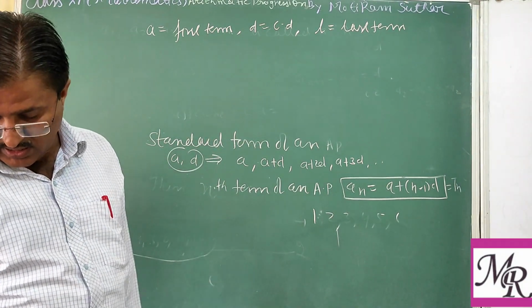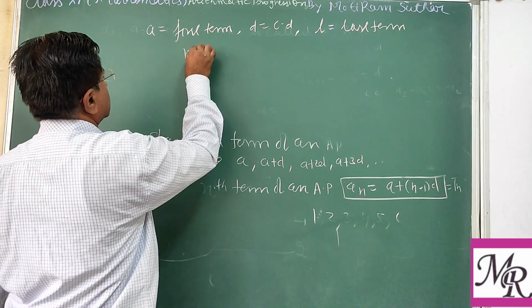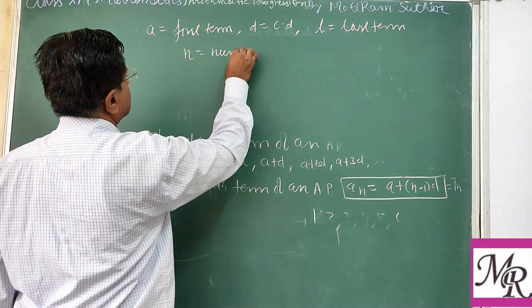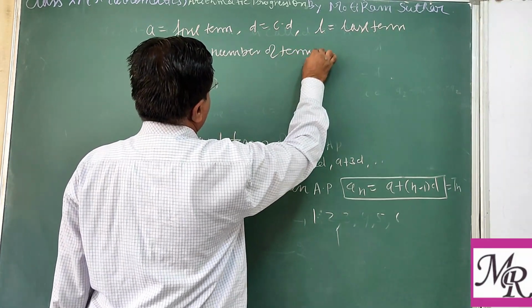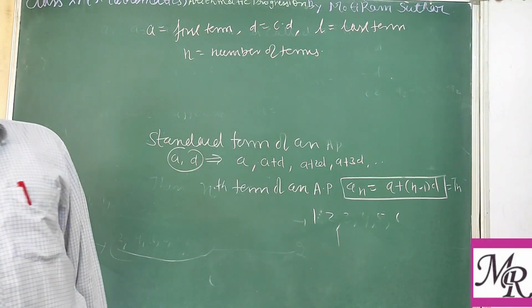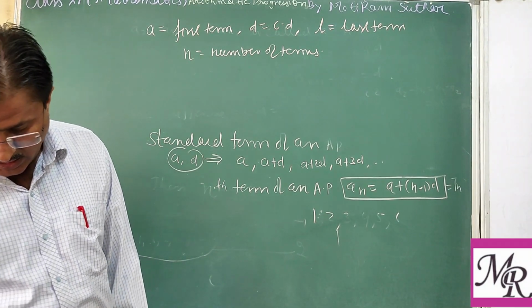Small n is the number of terms of an AP. How many terms are there? That is denoted by n.